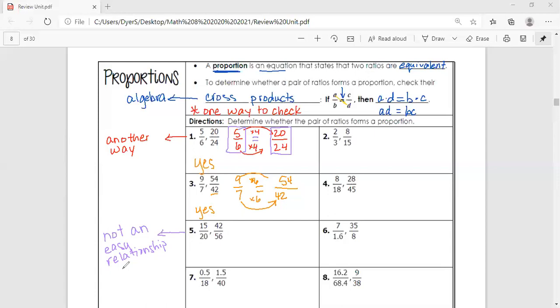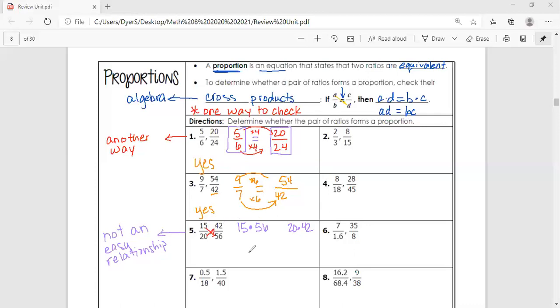And so we can say 15 times 56, and we're checking to see if it is equal to 20 times 42. If you'll notice, the numbers I'm using here, I'm using the cross products, the ones at opposite corners, okay?